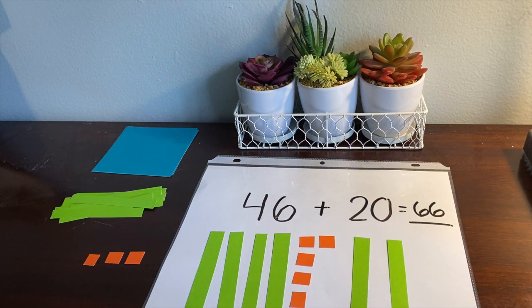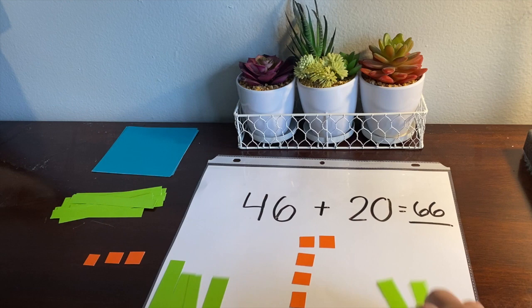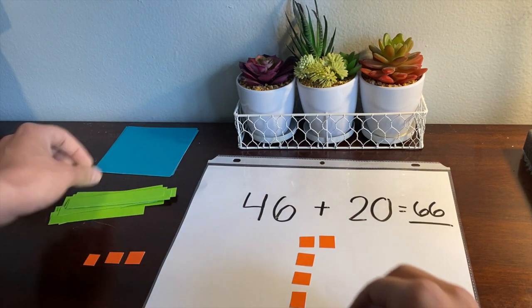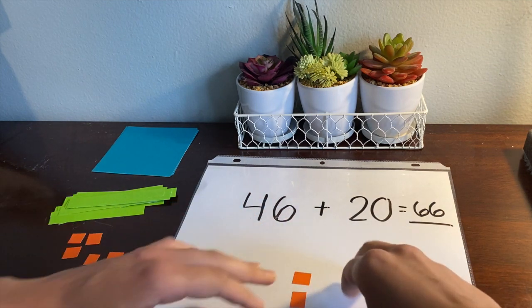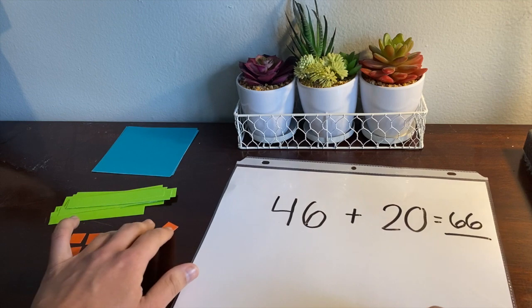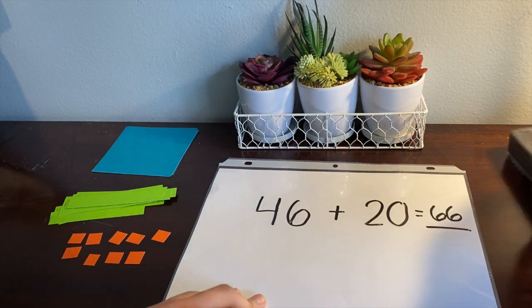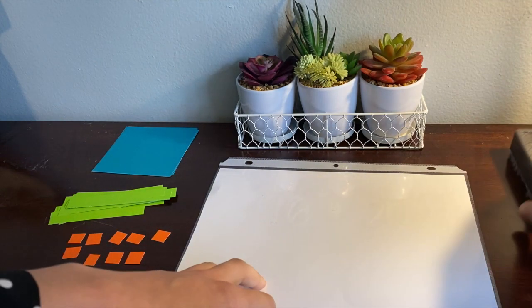There you go. That looks great. Let's put our materials back so we can keep on going. Slide these little squares right off to the side. And erase.